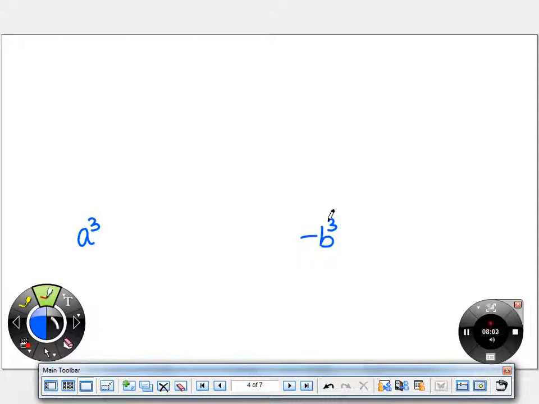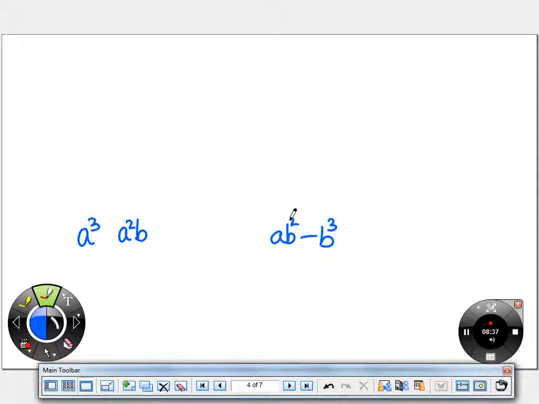So a has to work its way. Good. The second term is going to be a squared b because a has to go down a power, right, so that eventually there's no a's left. But b is going to have to work its way up from nothing all the way up to b to the third. So the next term here is going to lose a power of a but gain a power of b. Okay? And then the term after that is going to involve ab squared.